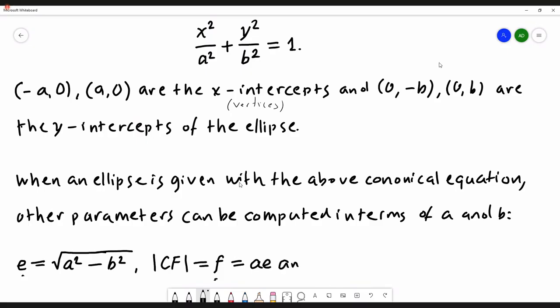And the distance between the directrix and the center is equal to a over e, which is equal to f over e squared. Nice. Okay, any questions up to here?